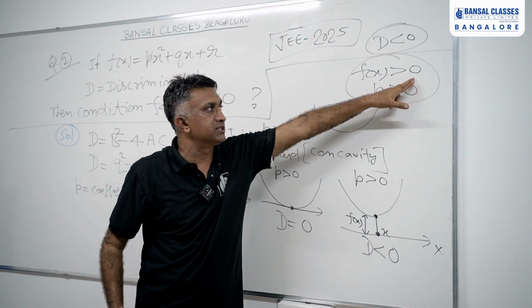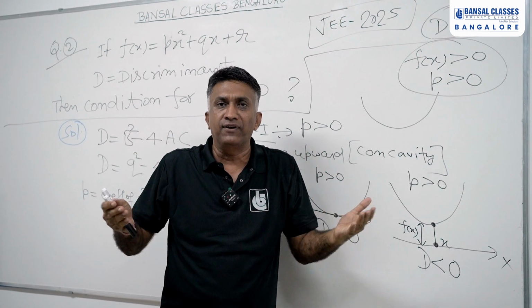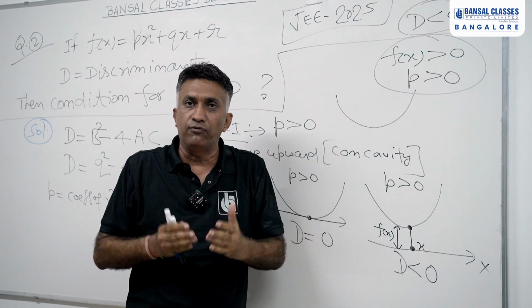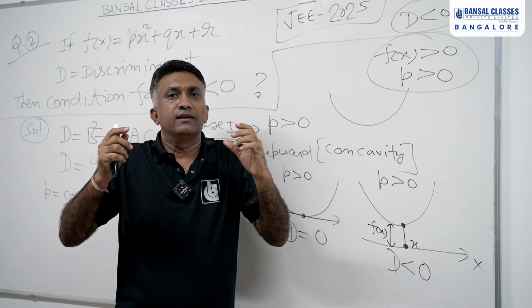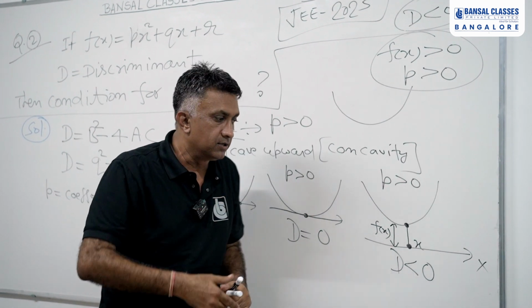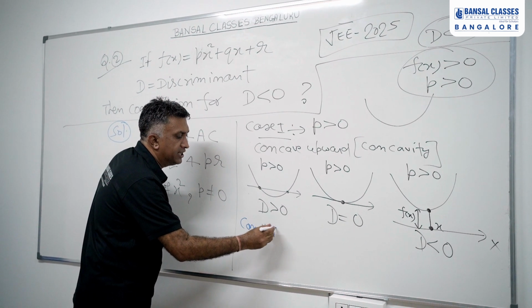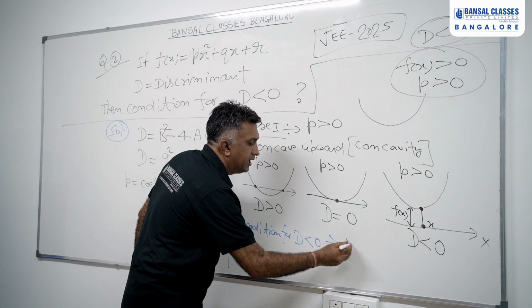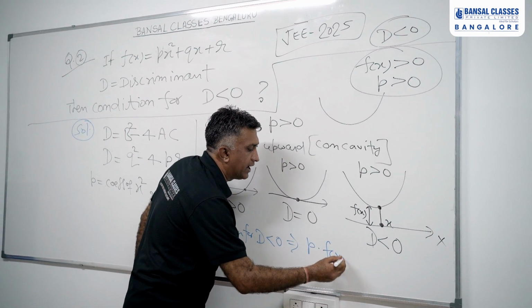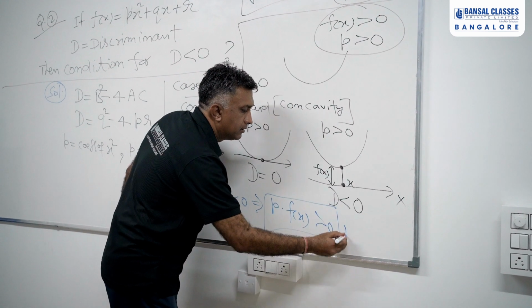F of x positive, p is positive. If we multiply p and f of x, p positive, f of x positive, when two positives are multiplied, then the resultant becomes positive. So the condition for D less than 0 is p into f of x positive, in the box.